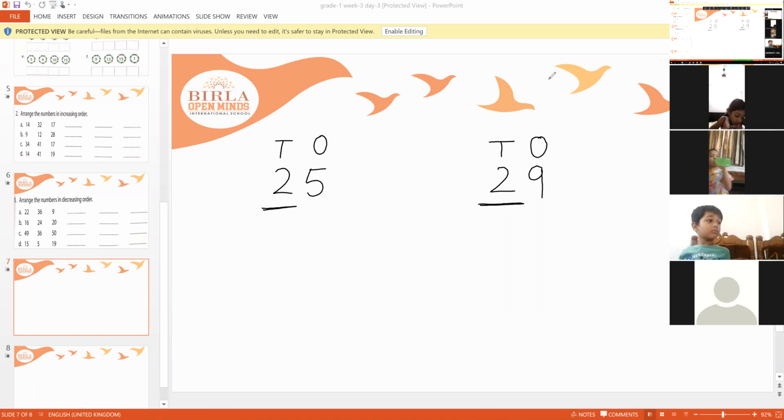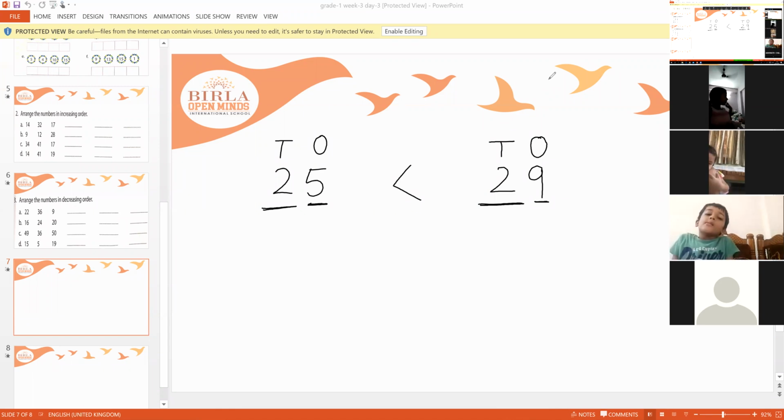So in ones place, in 25 we have 5 and in 29 we have 9. Now we will compare 5 and 9, and we know that 9 is always greater than 5. So the number 29 is greater than 25, or we can say that 25 is smaller than 29.